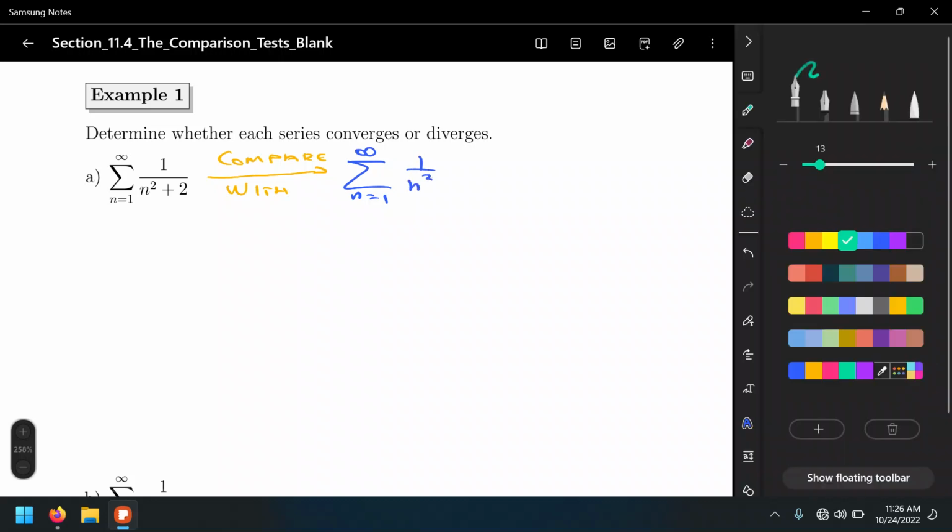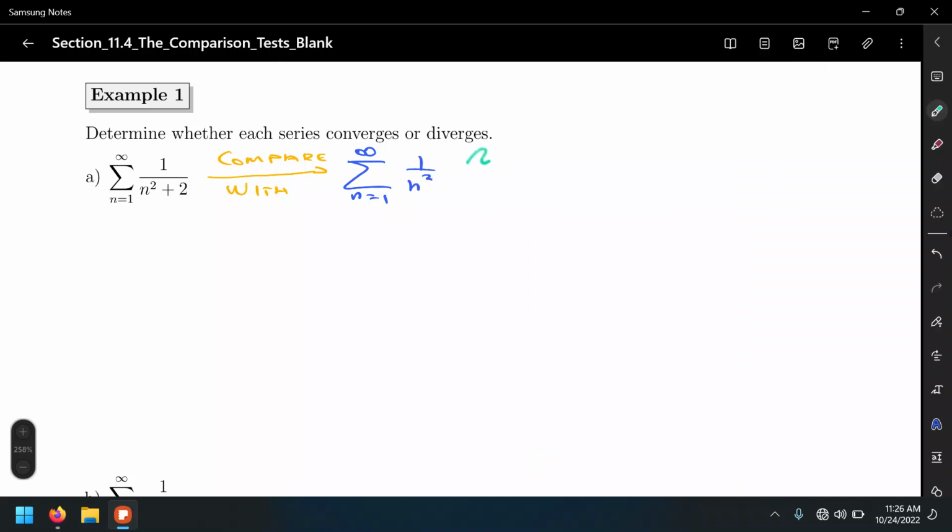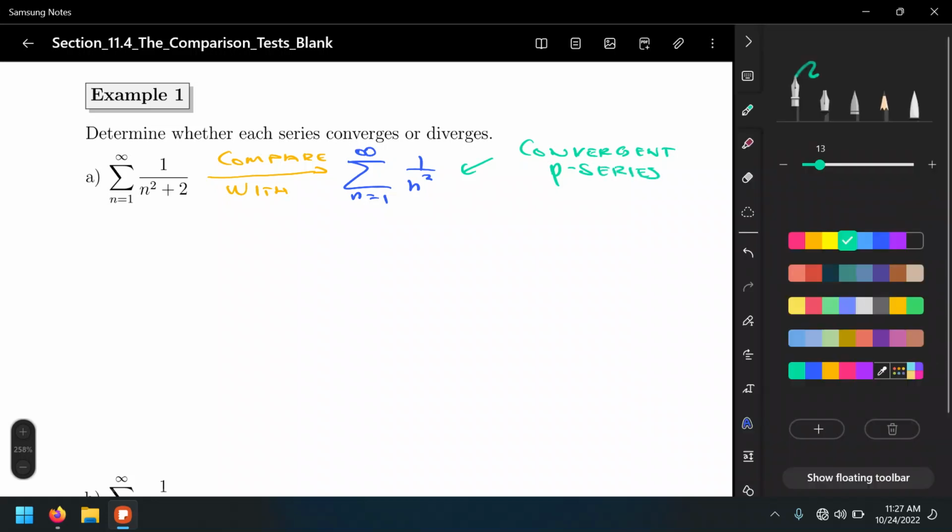And we need to state the convergence or divergence of the simpler series: convergent p-series. All right, so this will be our mystery series, which is a sub n. This will be our test series, which is b sub n.